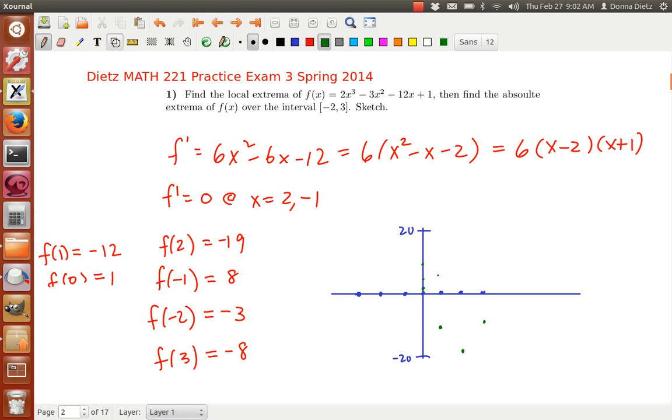Negative 1 is going to be about 8. Negative 2 is negative 3, so just about here.